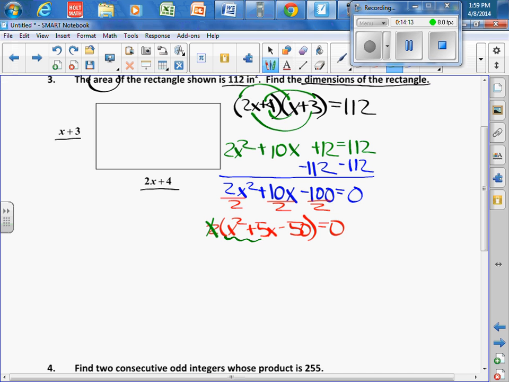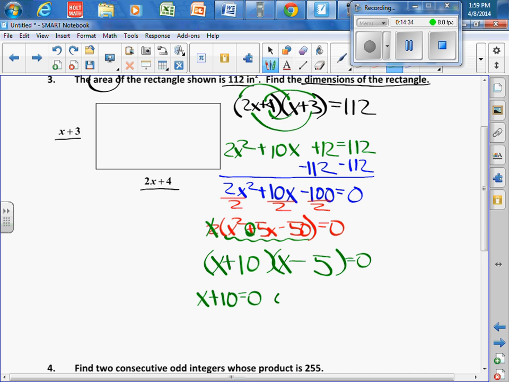So I need to factor this. So it's going to be 2 sets of parentheses. X times x will get us the x squared. I'm going to need a plus and a minus. 50 and 5. Well, hey, how about 10 and 5, right? But I need more pluses here. So plus 10 and minus 5. So either x plus 10 is equal to 0 or x minus 5 is equal to 0, right?